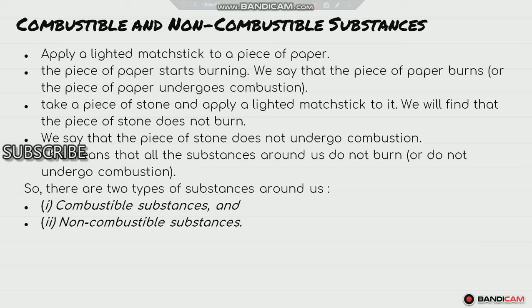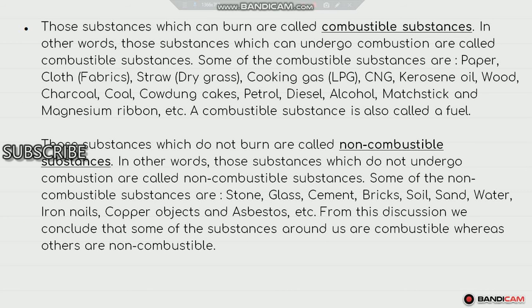So there are two types of substances based on their ability to undergo combustion, and they are combustible substances and non-combustible substances. Those substances which can burn are called combustible substances. In other words, those substances which can undergo combustion are called combustible substances.